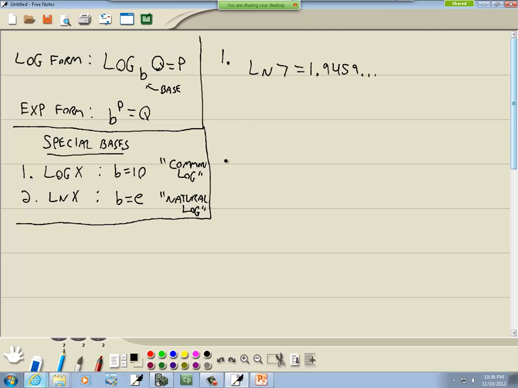So we don't have a number there, but technically it's incorrect, I'll temporarily put it there just to emphasize it. That would be our base. And our formula says we take our base to a power of the other side. So we have e to the 1.9459... power equals what follows our log, which is 7. And that's our answer.